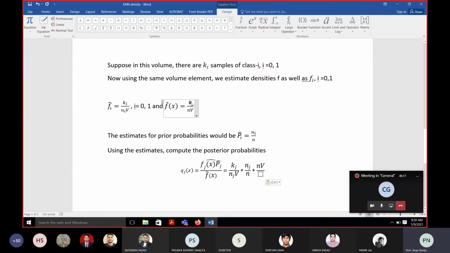Now after doing this operation, you end up with what value? kj by k. Good. So this is your final estimate that you are going to get, kj by k.